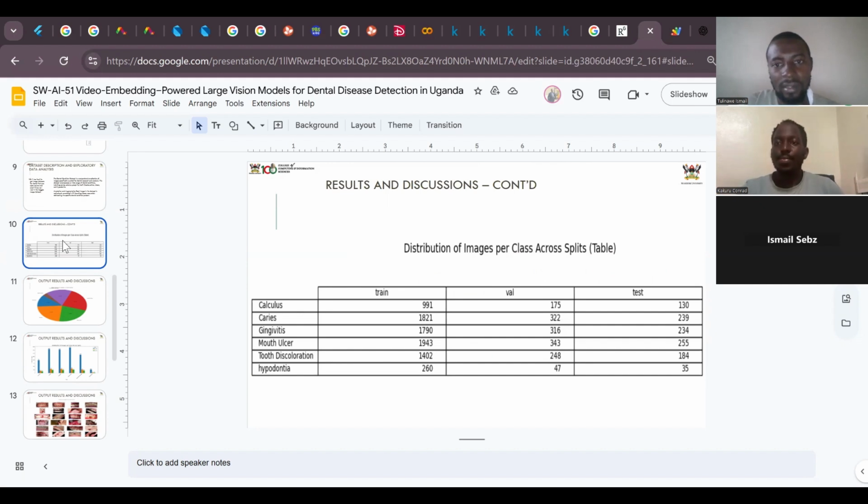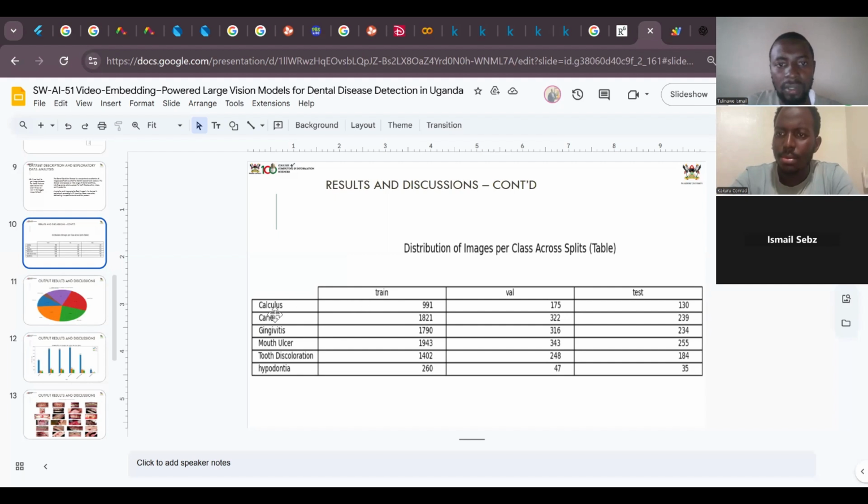These are the classes. These are the images we got. We divided them into 3 sets: the training, the validation, and the testing data. These are the different cases for tooth conditions like calculus, caries, and others. And these are the images for each class we had.